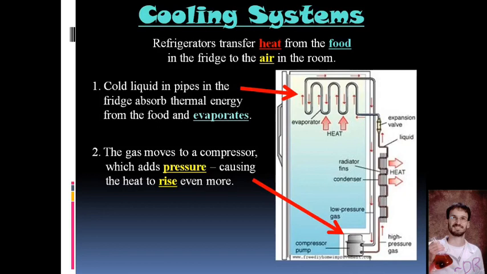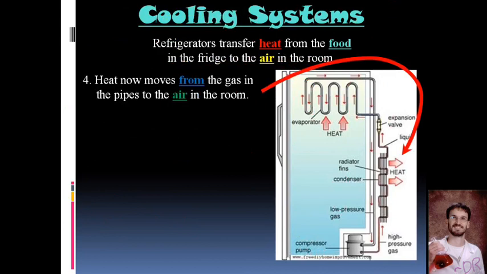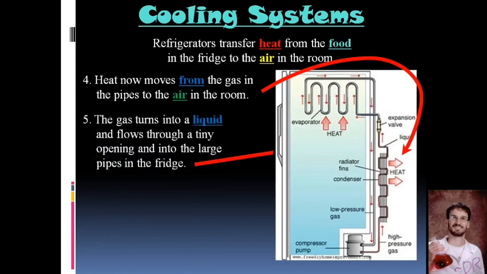Well, that gas now gets up here to something called an expansion valve. Got a little ahead of myself. There's a line that says what's going on behind the fridge. That gas that's now lost heat to the room goes into this little spot here called an expansion valve.